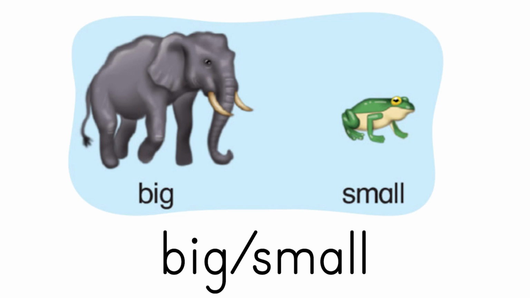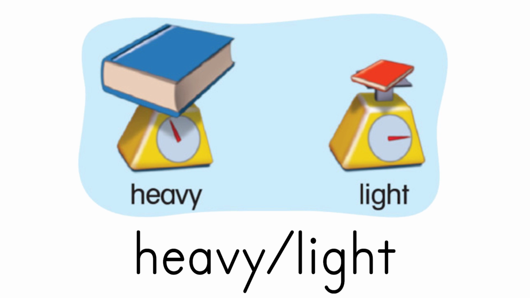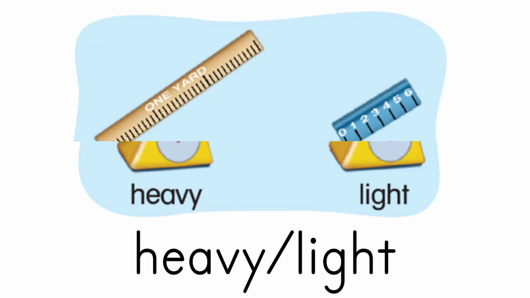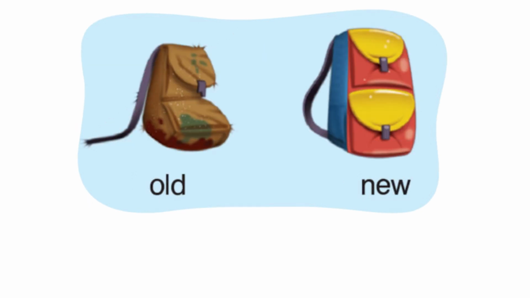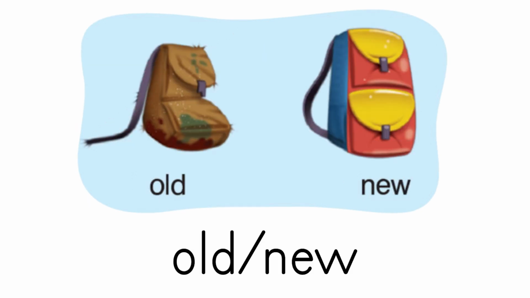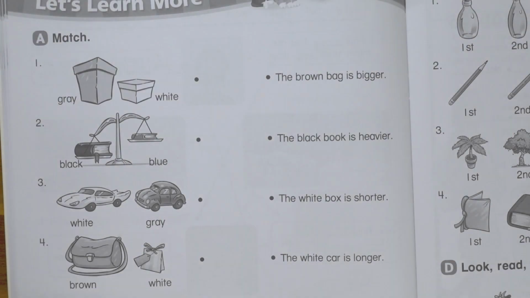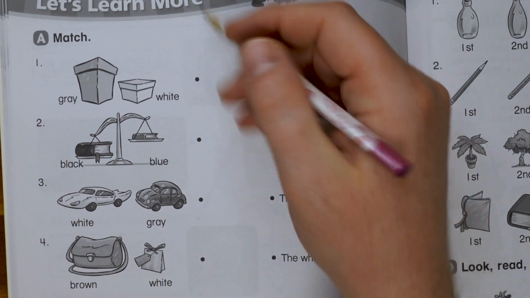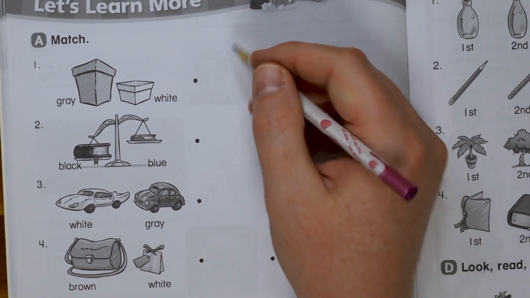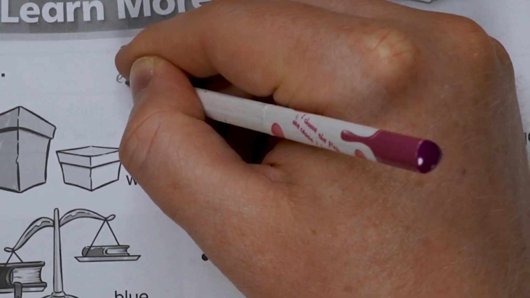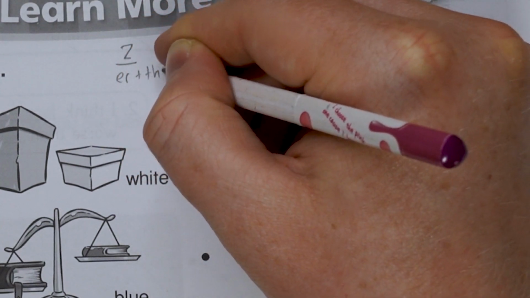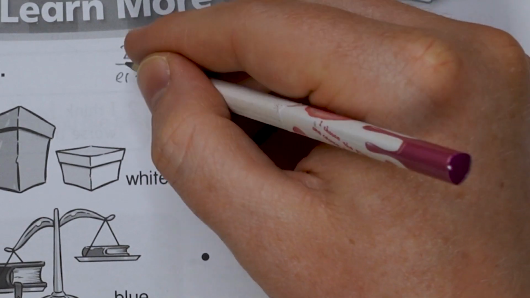Big, small, heavy, light, long, short, old, new. Okay, and we can turn these words into comparing two things by adding ER and than. This is when we compare two things.